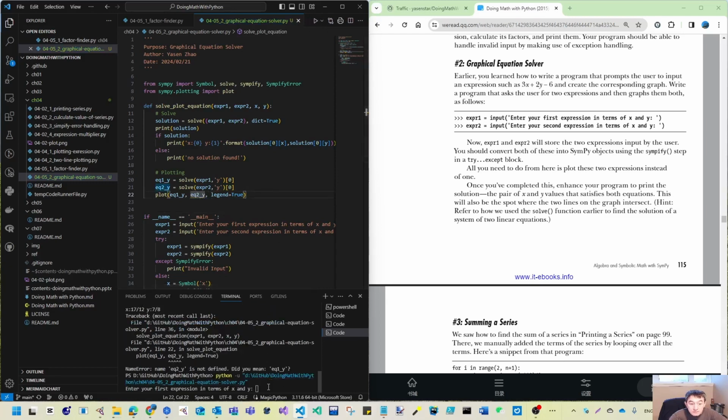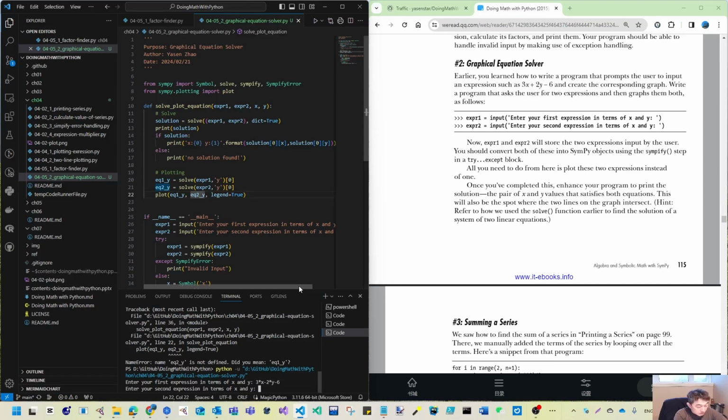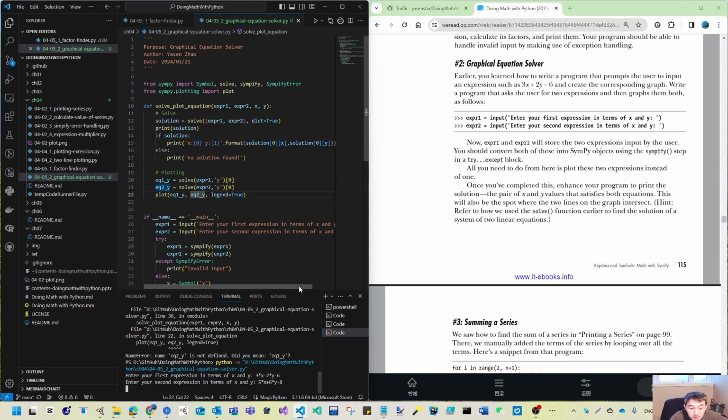So let's run this. So 3 times x minus 2 times y minus 6, and this 5 times x plus 6 times y minus 8. So you just give a different way.